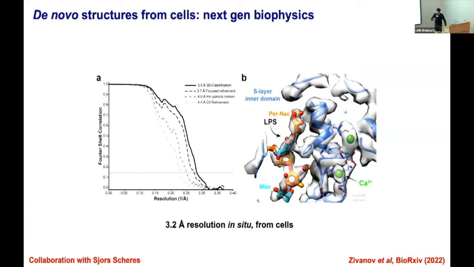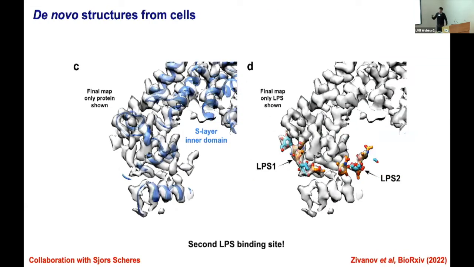Now you might say, what's the point of doing it in cells if you've done everything already in vitro? When doing the cellular structure, we had a surprise: in addition to the normal LPS binding site, we detected another LPS binding site in our S layer structure, and we are still trying to figure out the physiological consequences of this second binding site.